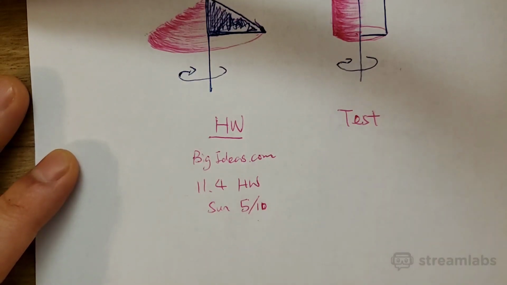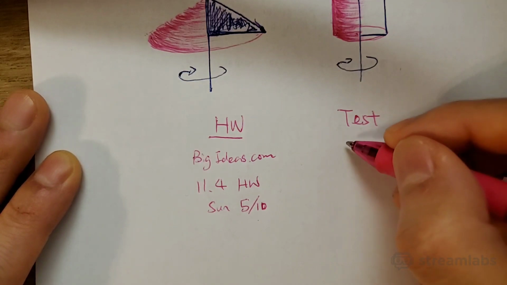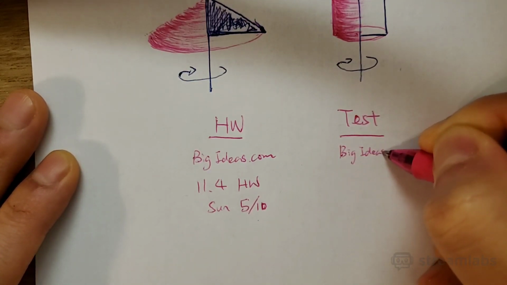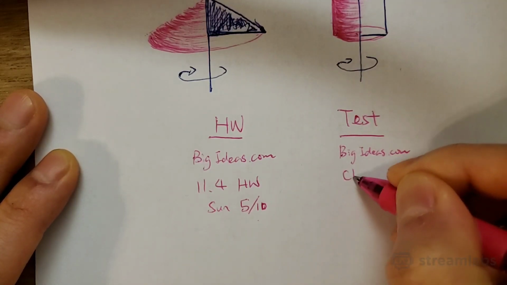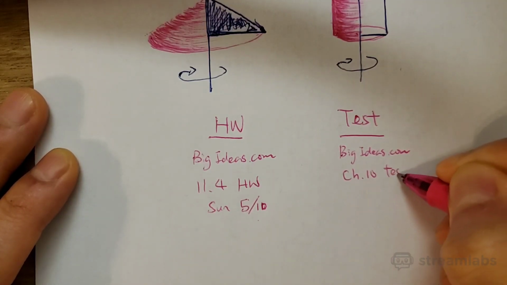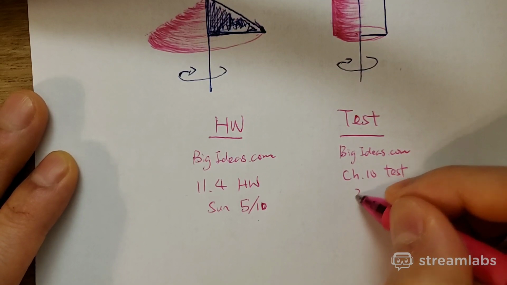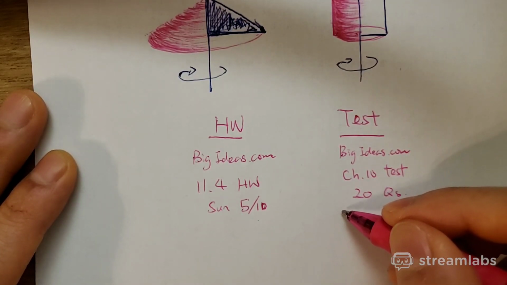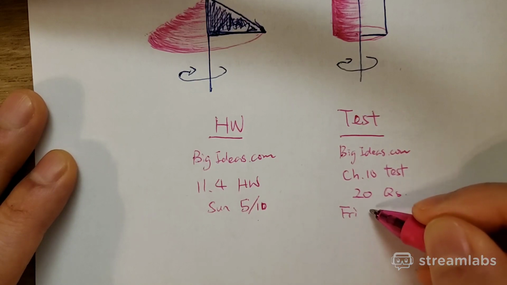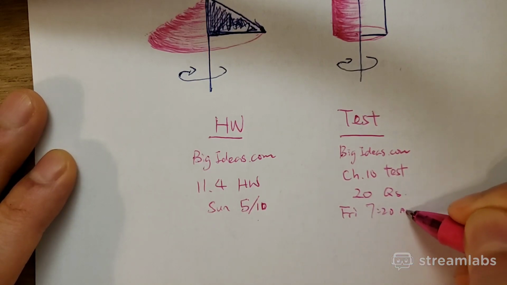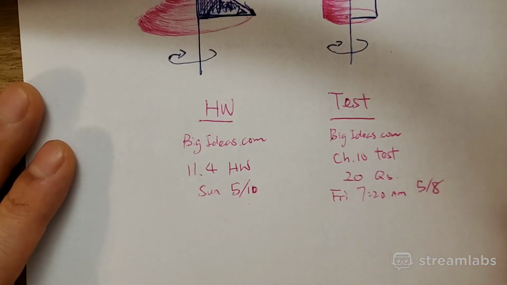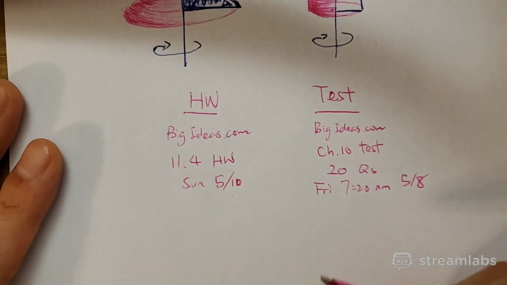And the test is 2 days from now. This is also on bigideas.com. It's the chapter 10 test. I think 20 questions. It will be open on Friday at 7:20 a.m. I'll put a date too. It's May 8th, which is 2 days from now.